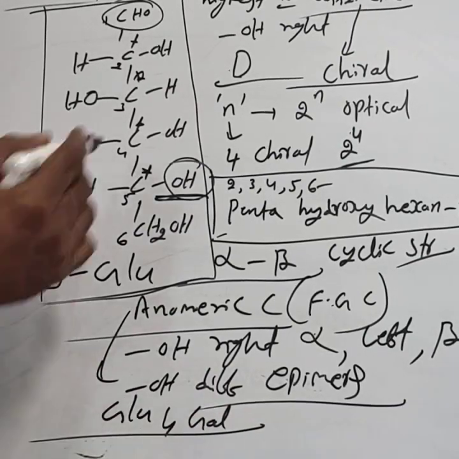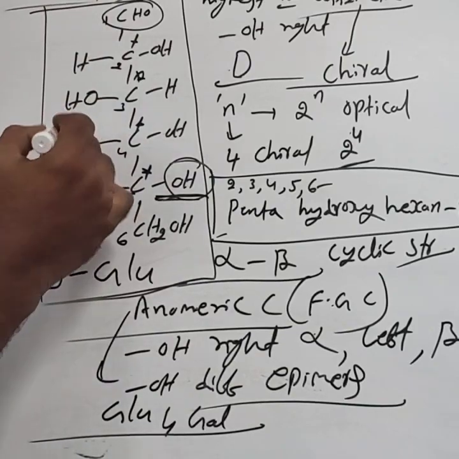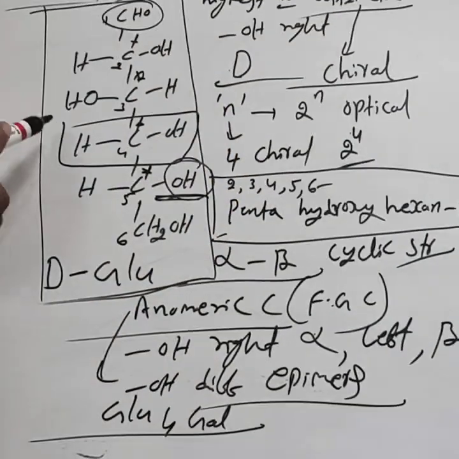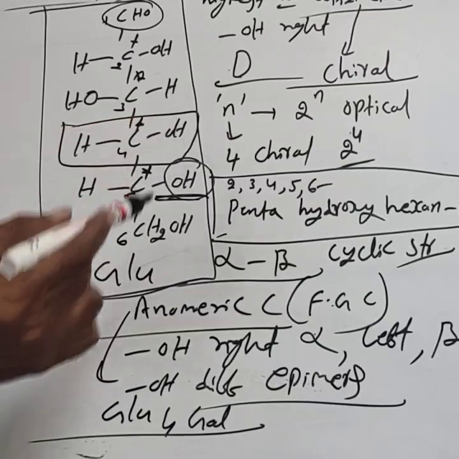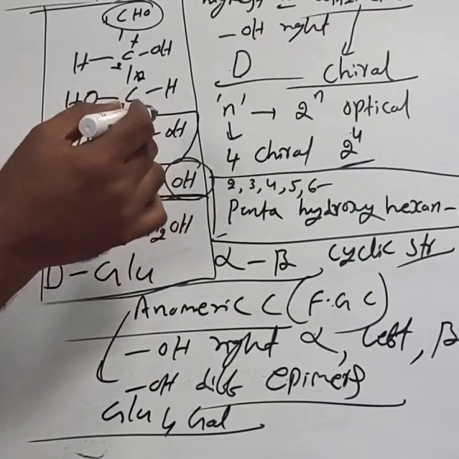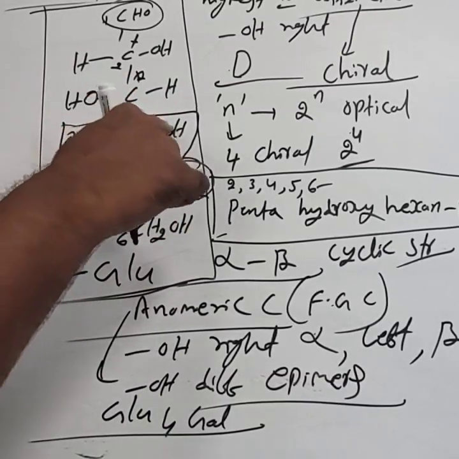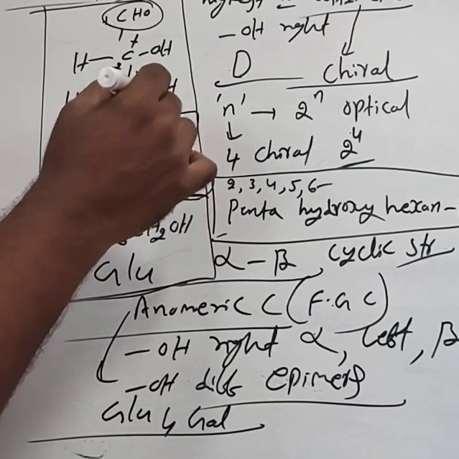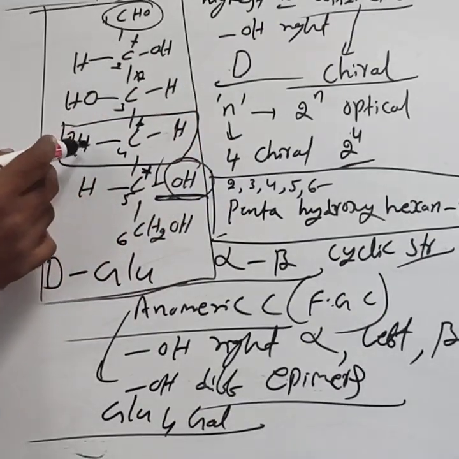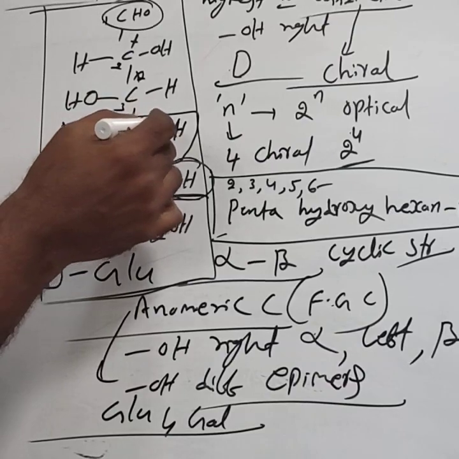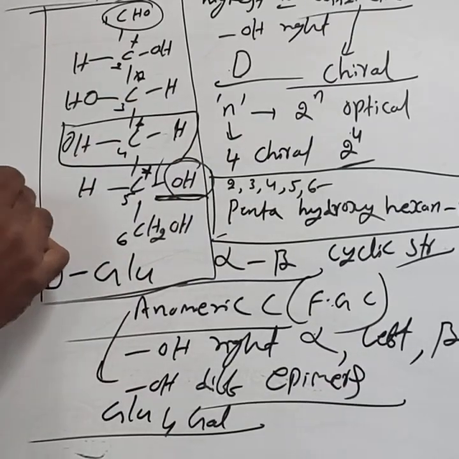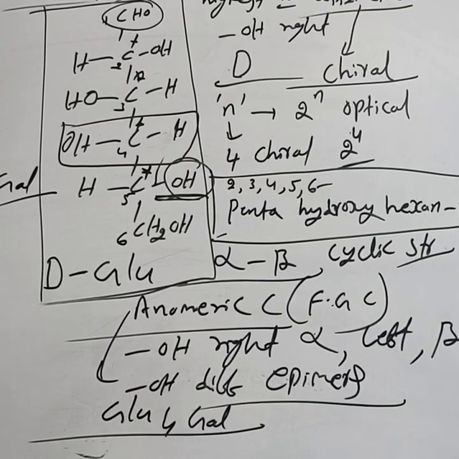This is the glucose structure. On the fourth carbon atom, OH on the right hand side is called glucose. If on the fourth carbon atom OH is on the left hand side and hydrogen on the right, with the remaining positions the same, then it is called galactose. Hence glucose and galactose are called C4 epimers. This is about the epimers.